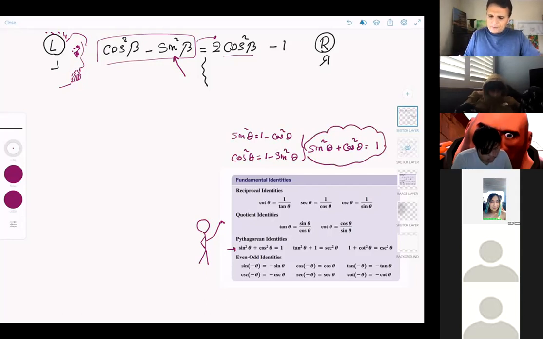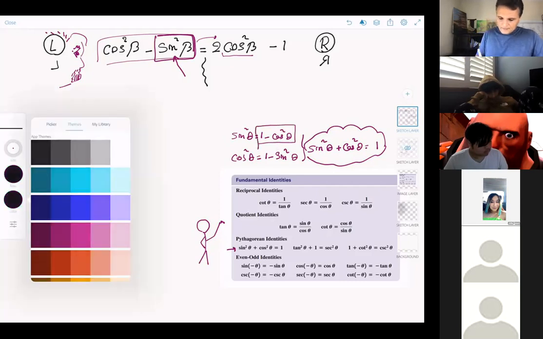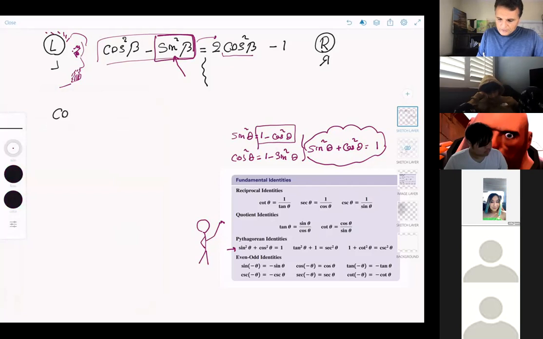Since we only have cosine on the other side, instead of sine squared of beta, I can put 1 minus cosine squared. Good. So we have cosine squared of beta minus parenthesis. I put parenthesis because there's a negative here. I don't want to make any mistake.